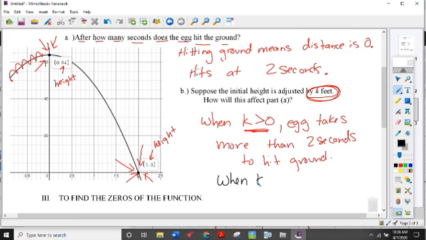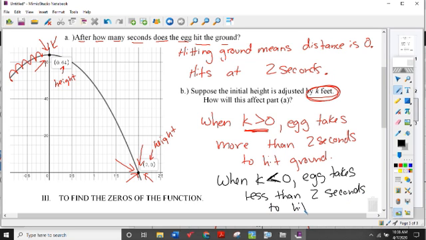When k is less than 0, the egg takes less than 2 seconds to hit the ground. Okay, you can pause there if you need to.